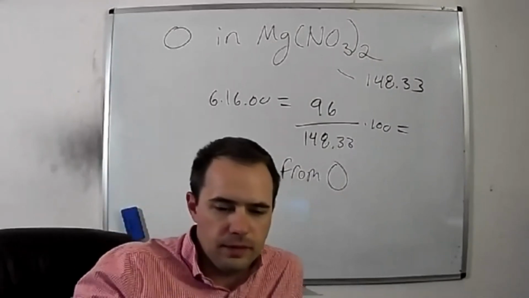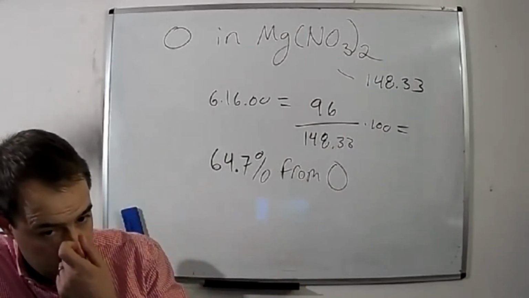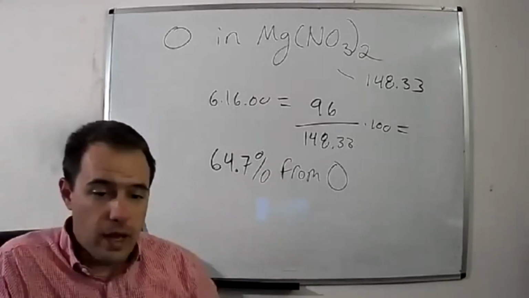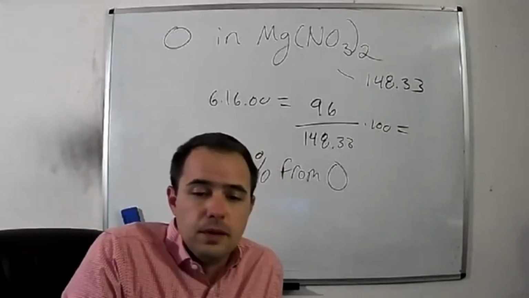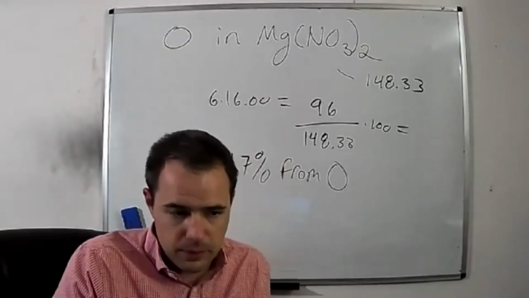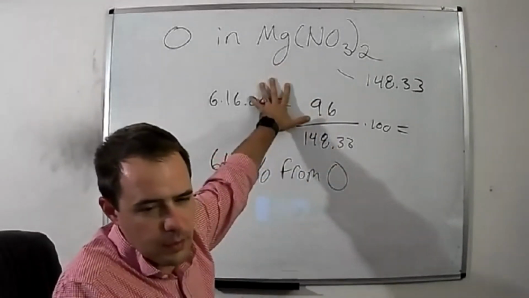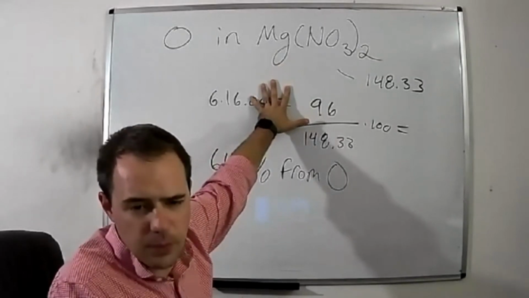All right. I have a question. Yeah, what's up? So for the total mass, I got 148.31. Does that really matter? No, it's fine. I round everything to the hundredths place. So if you want to get what I got, round everything to the hundredths place correctly. Magnesium is 24.305, so it's 24.31.